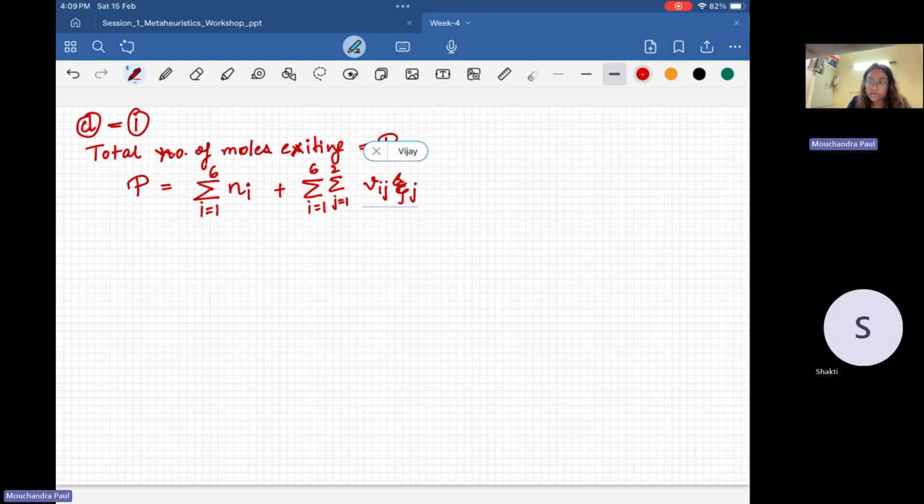This is the summation expression, all right? So this is term 1, and this will be term 2. Let's first calculate term 1.